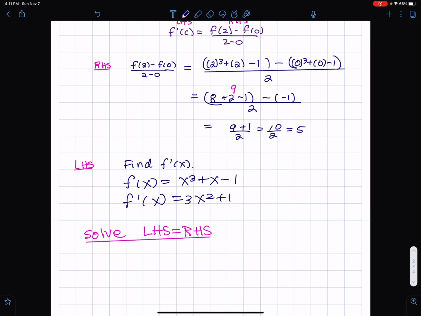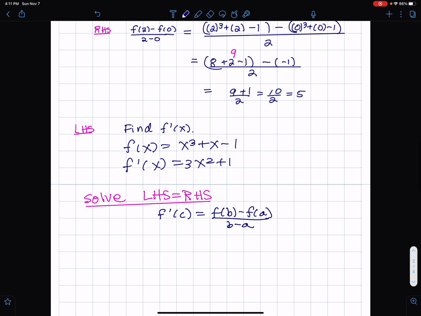So I wrote f of x, f prime of x, but what I want is f prime of c equal to f of b minus f of a over b minus a, where b is equal to 2, a is equal to 0. For f prime of c, I'm going to put c where I see x, and on the right-hand side, I'll put in 5.